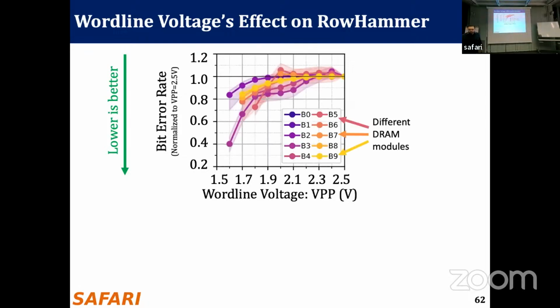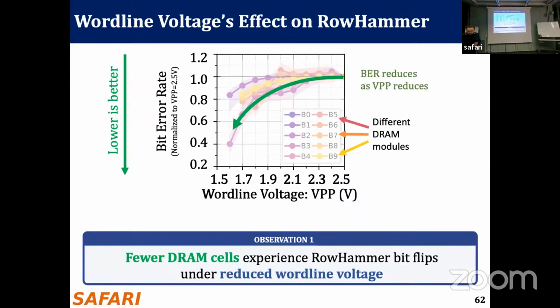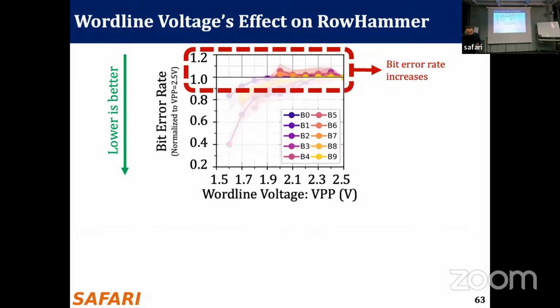We observe that there's a dominant decreasing trend here. Every curve represents another DRAM module from this manufacturer. This is a plot from manufacturer B. The shade around the curve shows the variation across different DRAM rows in that DRAM module. We observe that bit error rate reduces as VPP, or wordline voltage, reduces.